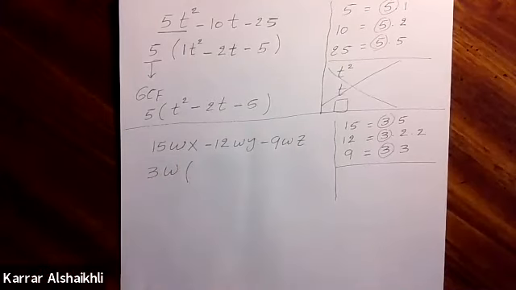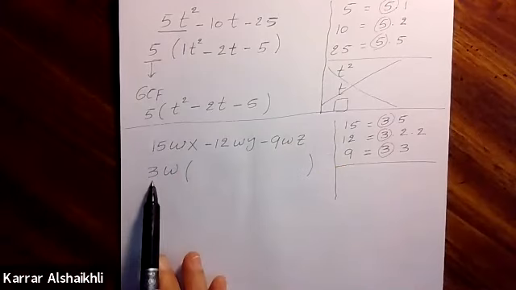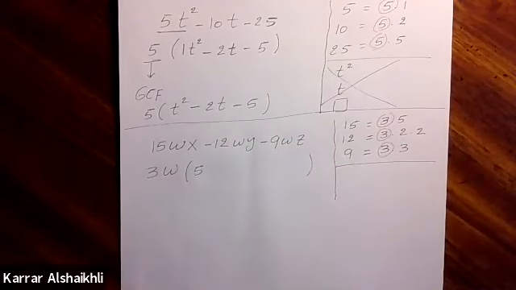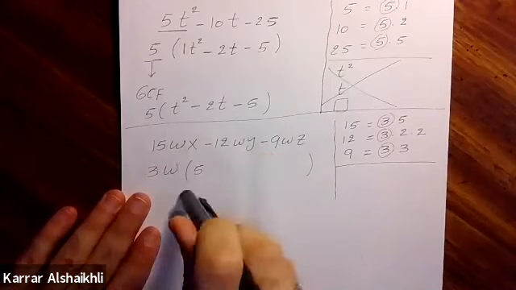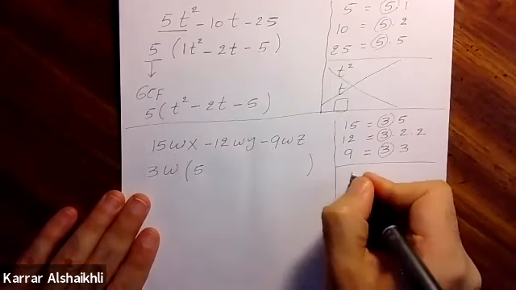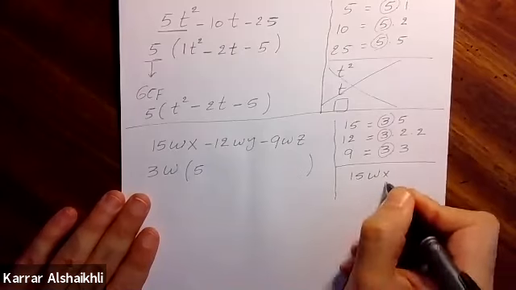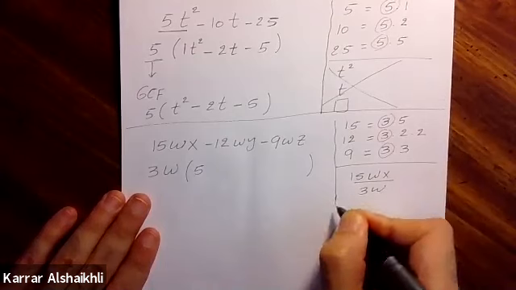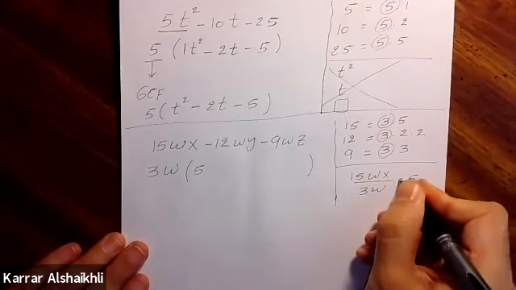Now we're done. We're just gonna write down the leftover. 15 divided by 3 is going to be 5. Let's do it here on the side. I'm gonna divide the whole term: 15wx divided by 3w. 15 divided by 3 is going to be 5.